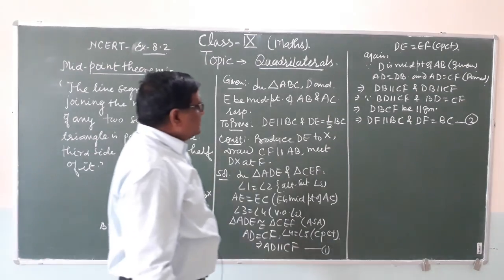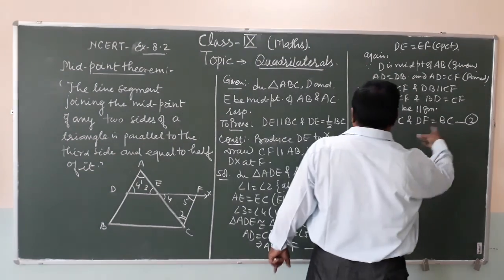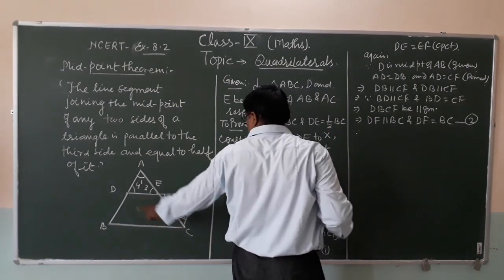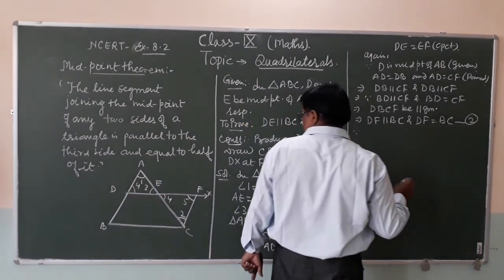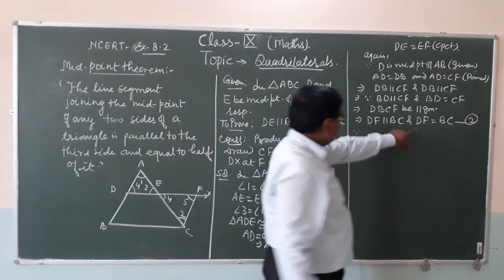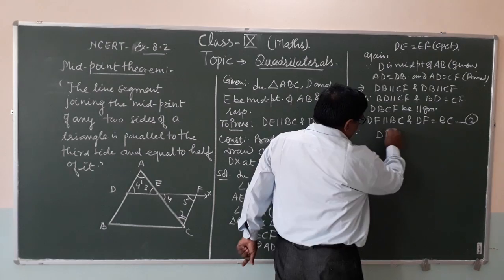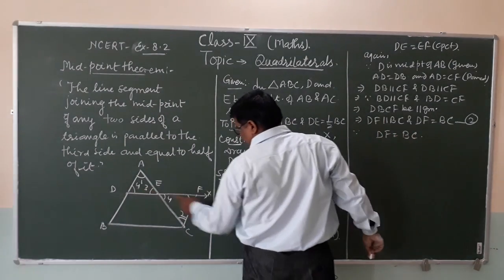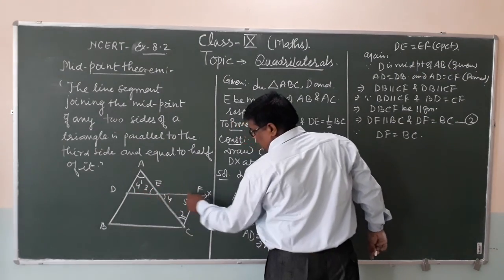Since DF is equal to BC, we write DF is equal to DE plus EF.